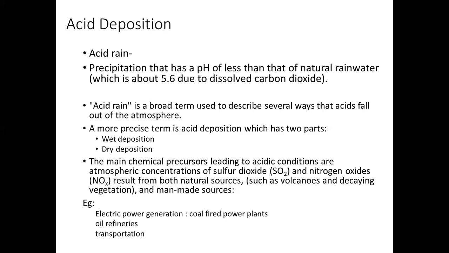Coal-fired power plants are the major culprit for acid deposition because sulfur is available as an impurity, and during the combustion process thermal NOx is emitted, nitrogen dioxide is emitted, and fuel NOx is emitted because nitrogen may be available as an impurity. NO2 is emitted. Then oil refineries are also responsible for the emission of SOx and NOx.